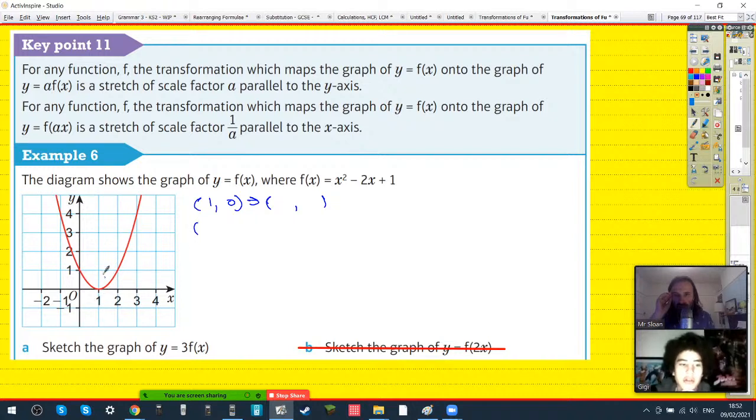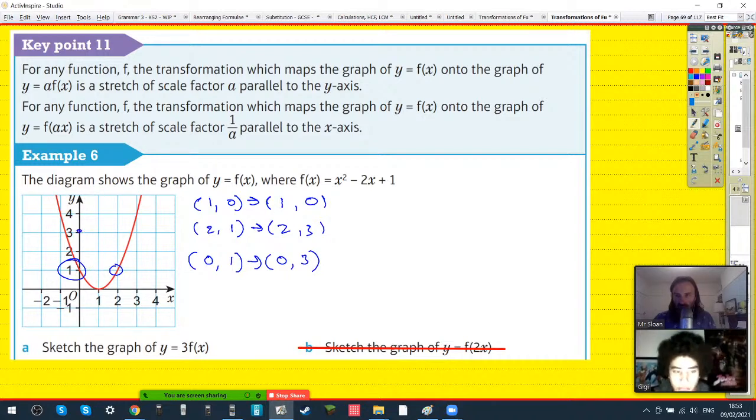One third, 0. Let's take this point here. 2, 1. What's that going to become? 6, 1. That'd be if you're thinking of in the bracket next to the x. This is outside the bracket, so it's y direction. 2, 3. Well done. How about this one? 0, 3. And now let's go back to this first one. Be 1, 0. Yeah. 3, 3, 0. Yeah, so I'll let them kind of squash it in.